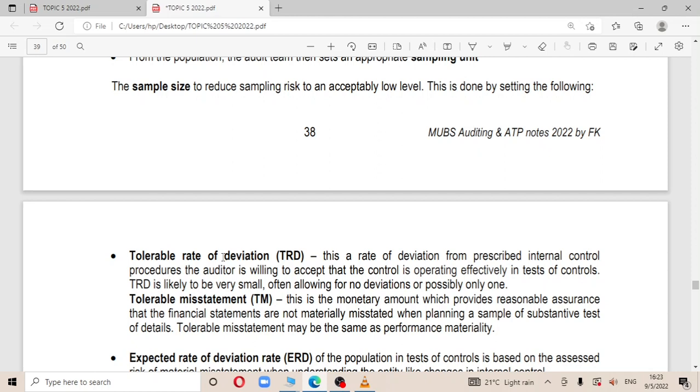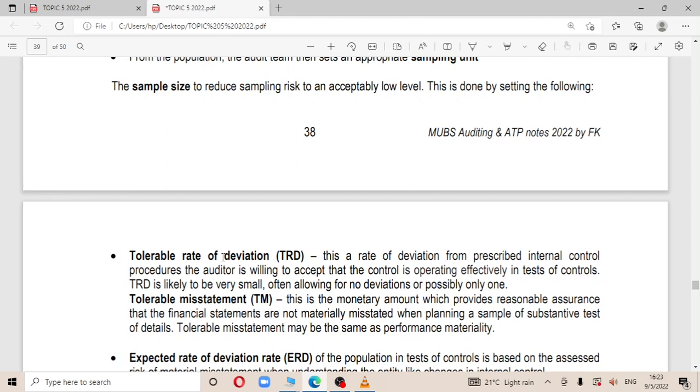They're supposed to keep documents. If you find that certain documents are not kept, how much is that deviation? How many documents have they not kept? How many controls are not in place? How much deviation are you willing to accept? So when you're selecting sample size, that one is fundamental, knowing what is the tolerable rate of deviation from the prescribed internal control procedure.